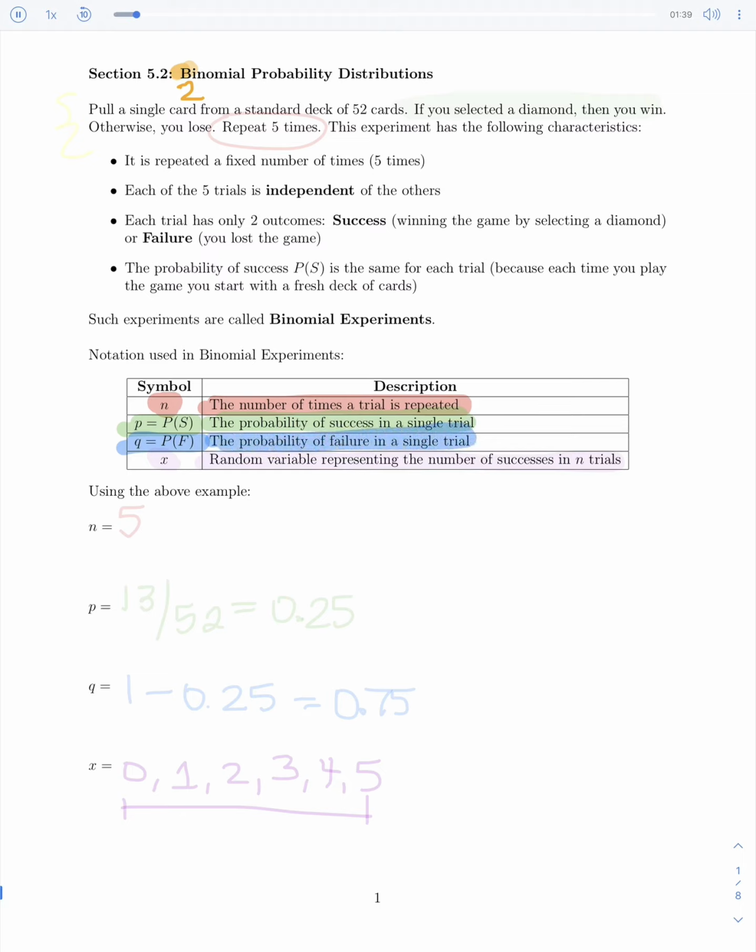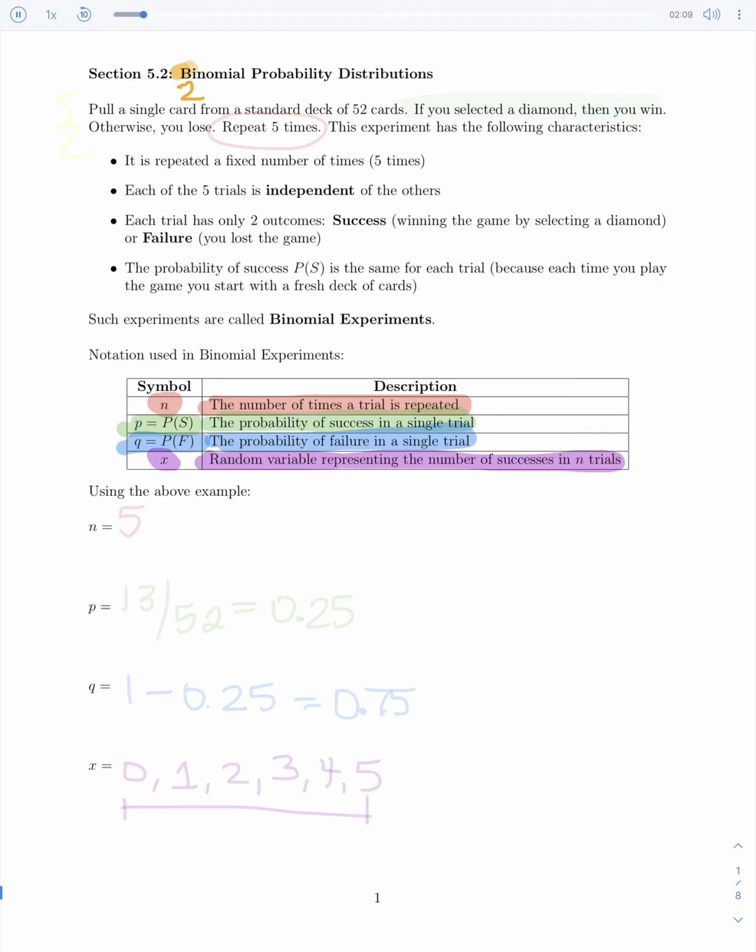And our last value that we're going to be talking about here is X. X is going to be the possibilities of how many games you could win, or if it's not a game, successes, whatever you're considering success. Those are your options. So let's go through an example and figure out what our N, P, Q, and X are first. Then we'll worry later about what we're going to do with all of these values.